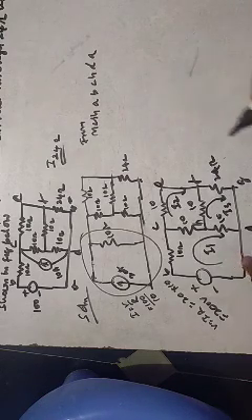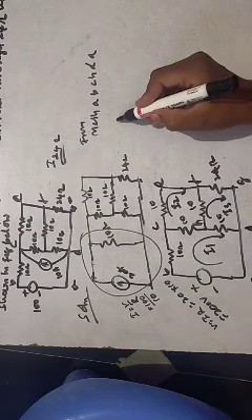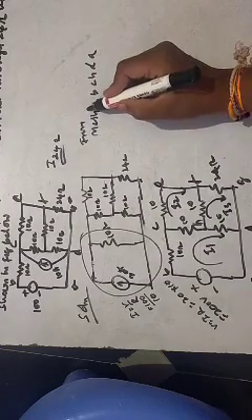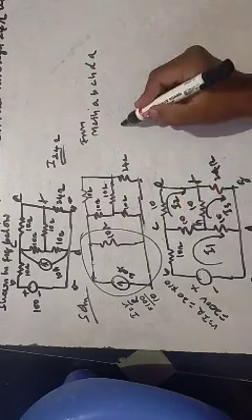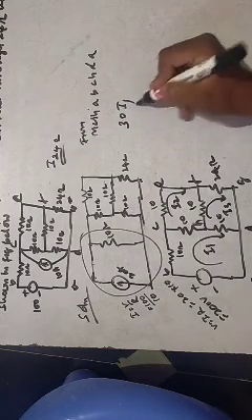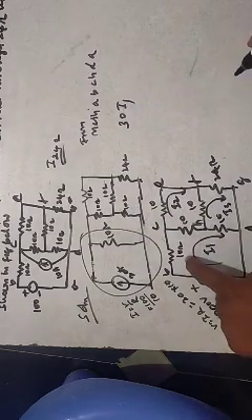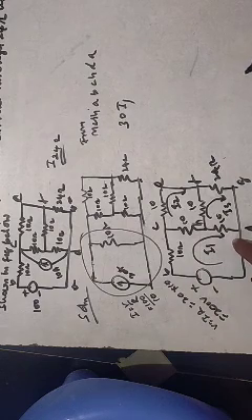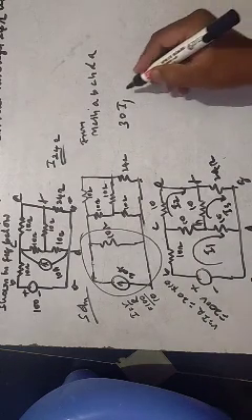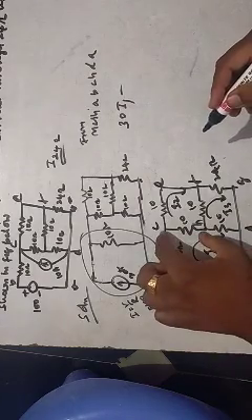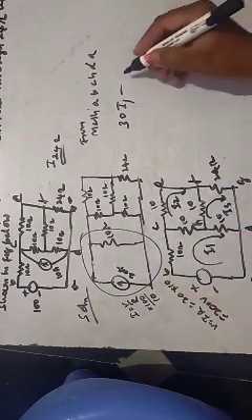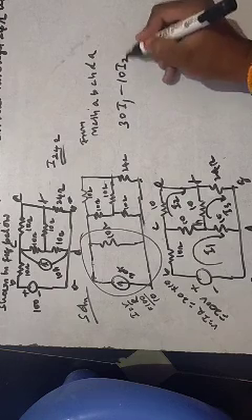See, I1 is the current of that mesh 1. So 10 plus 10 plus 10, totally 30 I1. 10 ohm here, 10 here, 10 here. So the 30 I1 minus, this 10 is shared between mesh 1 and mesh 2, so minus 10 I2.